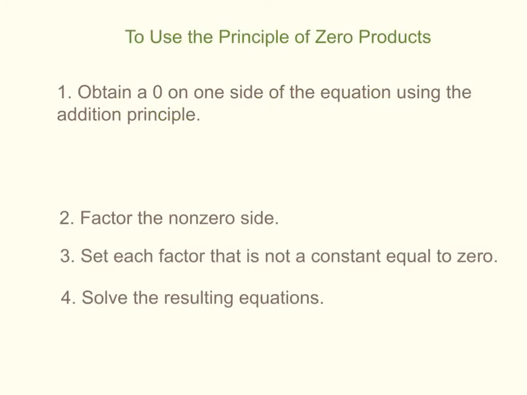The first thing you want to do when solving quadratics by factoring is to get the equation set equal to 0. And what that means is that you get all of the terms on one side of the equation by adding and subtracting them.